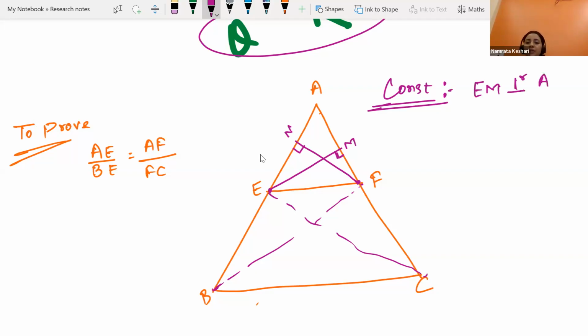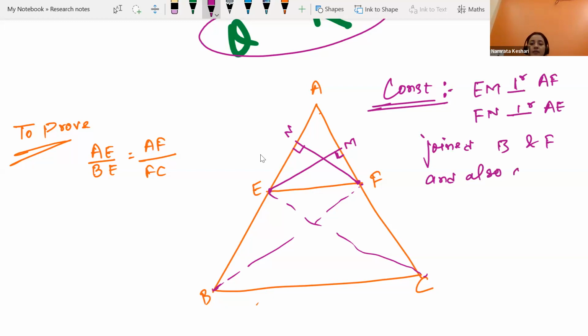AF पे. और एक FN परपेंडिकुलर ड्रॉप किया. कौन से साइड पे? AE पे. एंड उसके साथ साथ हमने BF और CE ज्वाइन किया. Okay. Now we will be proceeding.